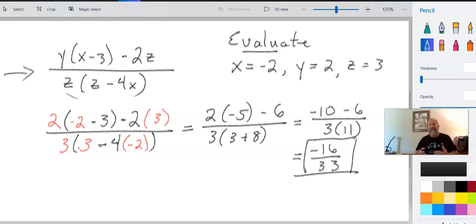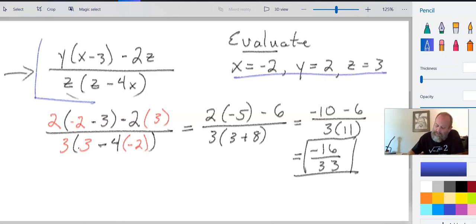And so the process when you're evaluating is you're handed an expression with a bunch of variables in it, and then you're handed the values that those variables represent. So here's our expression. Our expression's here, our values are here, and all we did was take these and plug them in, and then used our knowledge of order of operations to go ahead and finish up the problem, right?